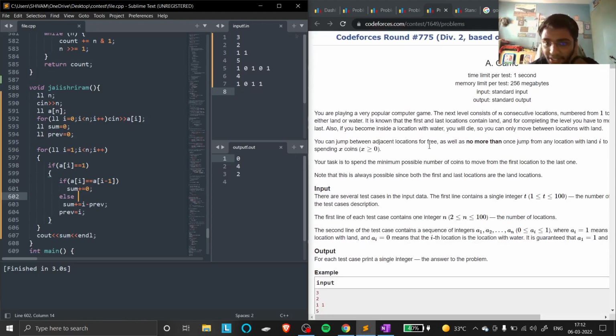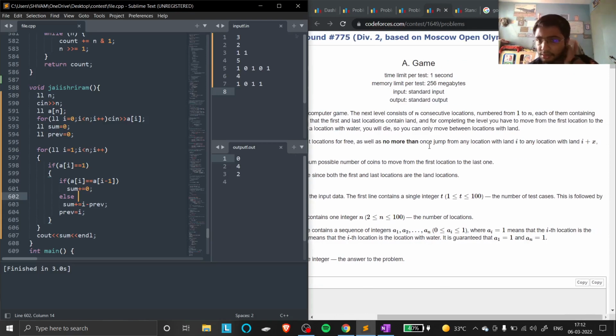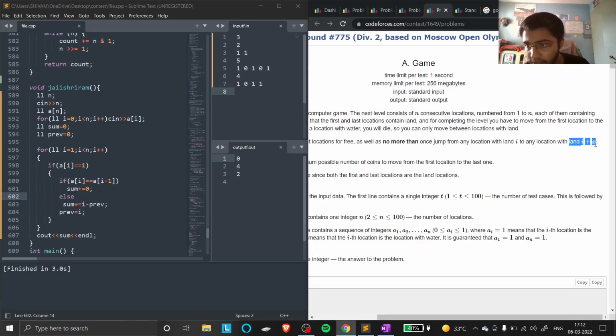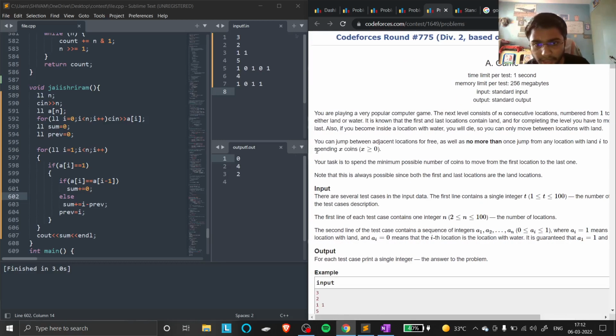But I have read it so many times, and I'm clear about the significance of I plus x and spending x coins, where x could be equal to 0 or greater than 0. That means x could be 1, and it's possible that only one coin will be used.